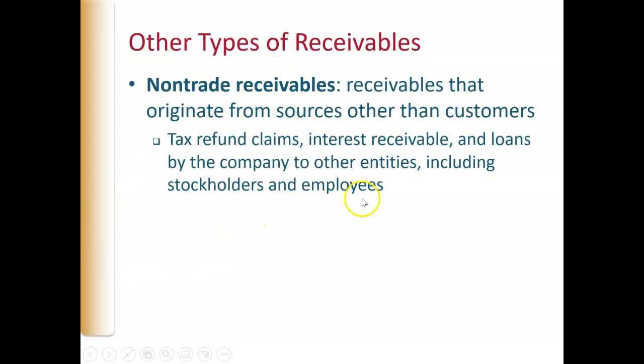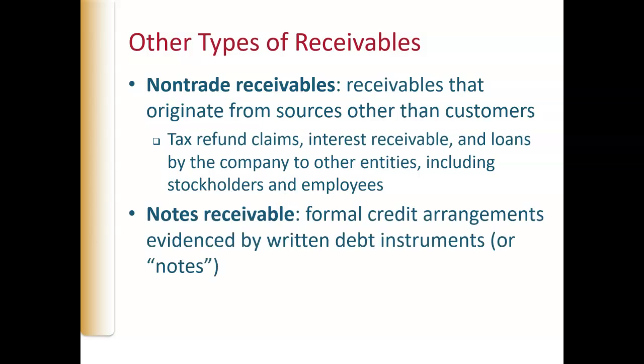Tax refund claims, interest. I shouldn't say one-time events, but that do not relate to the sale from customers. Interest receivable, loans by the company to other entities. So there may be other types of receivables that we're going to discuss lightly today, but we're going to really focus on our accounts receivable.